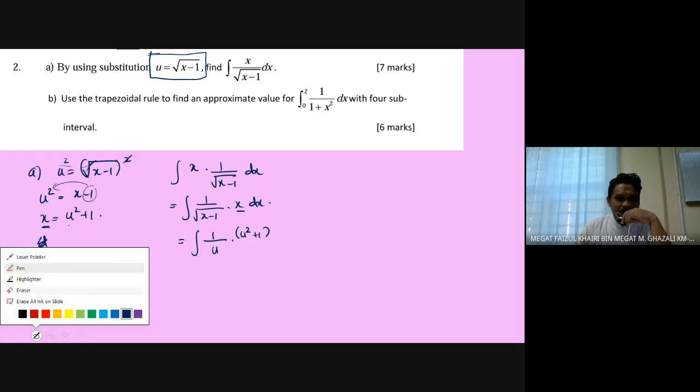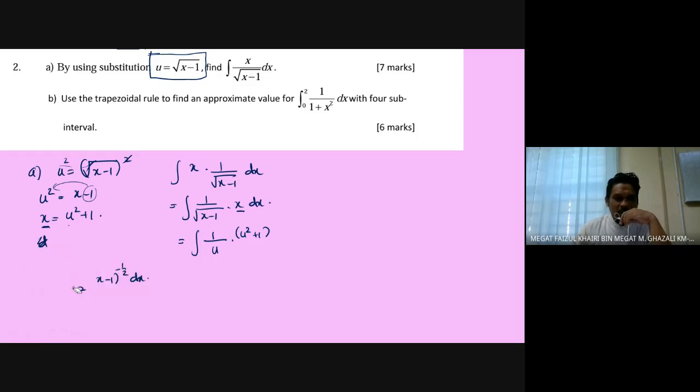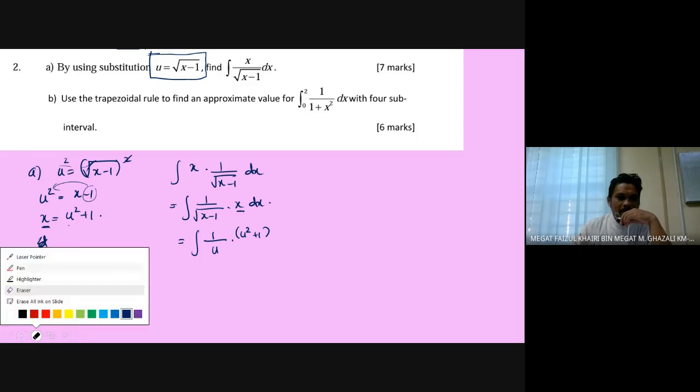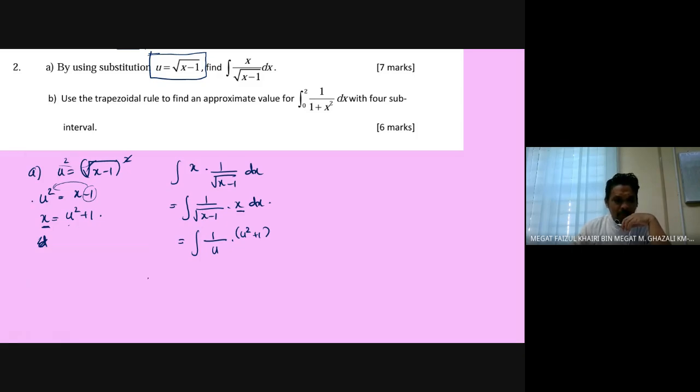So maybe this is not the substitution that we're looking for. So let's say if I use this one here, u squared equals x minus 1, so then 2u du dx equals differentiate x, which equals 1, and so 2u du equals dx. So x equals u squared plus 1.